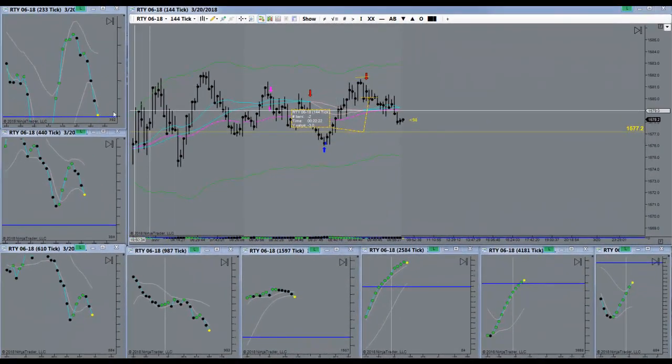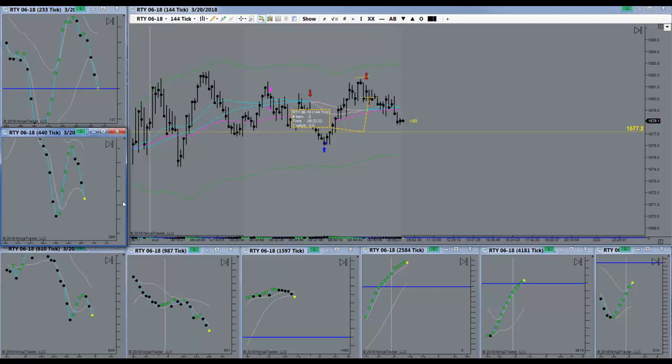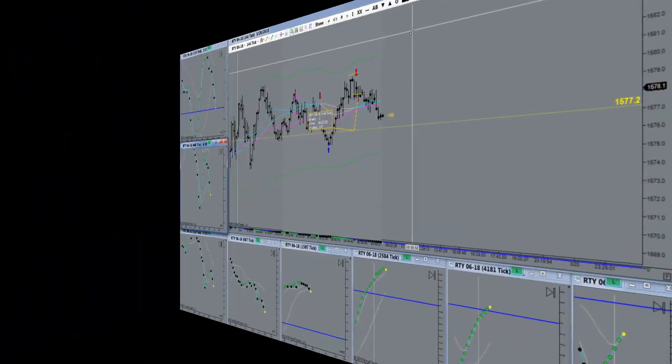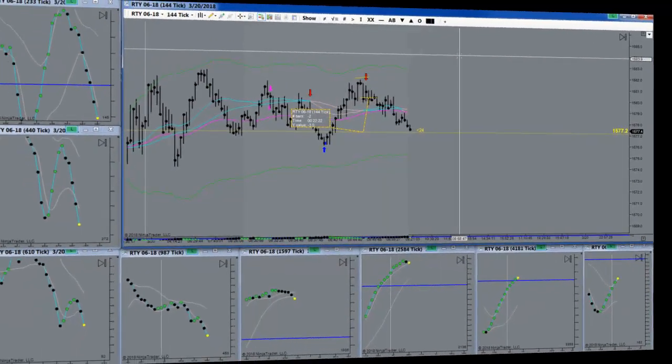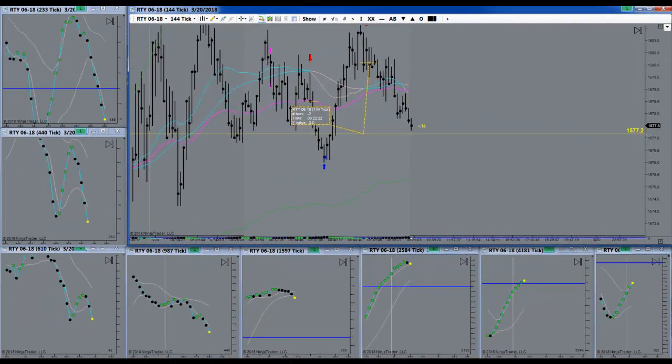Okay, once again, a couple BBs later, still have the same velocity. And here we go. Target's being hit.